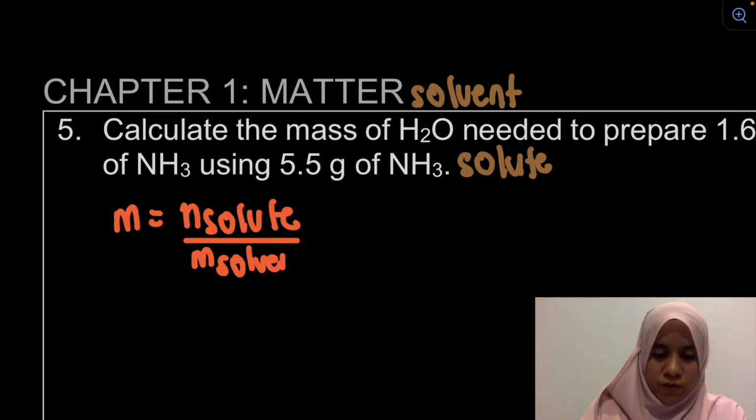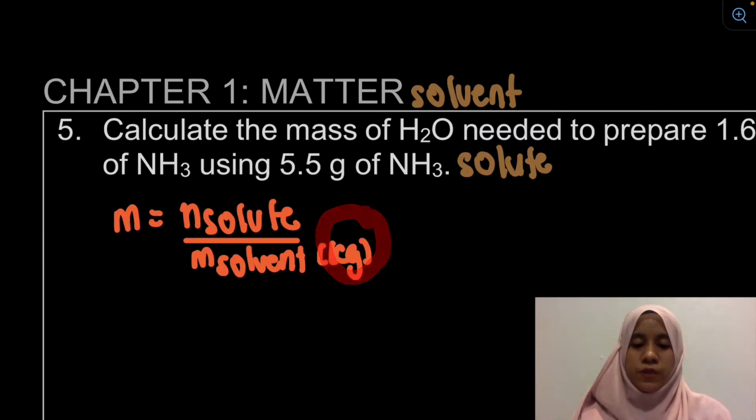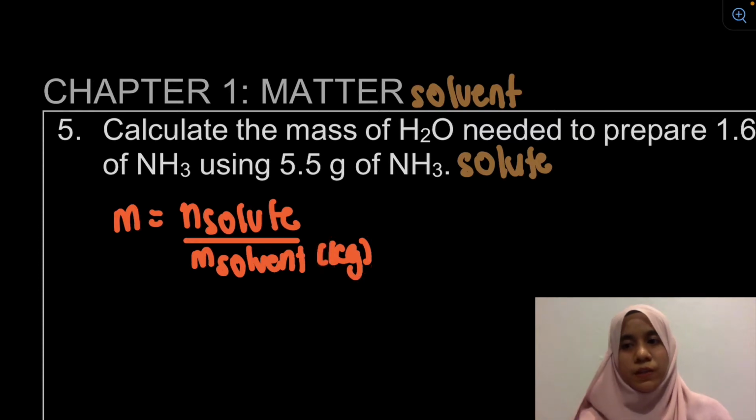The mass of solvent must be in kilogram. It's not compulsory for you to write down the unit, but it is safer for us to write down the kilogram, so that we do not get confused whether it's in gram or kilogram. Right now it doesn't feel confusing because we only learn two formulas, but later on we're going to learn 10 examples where we combine all the formulas you learn. In some cases you need the gram, in some cases the kilogram.